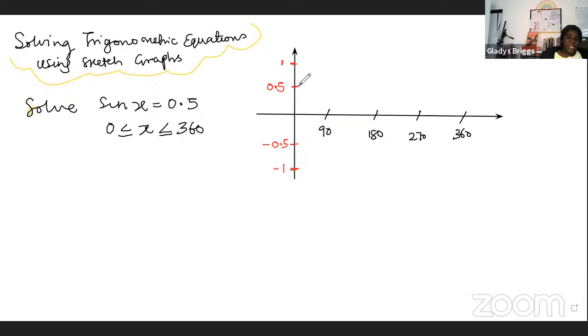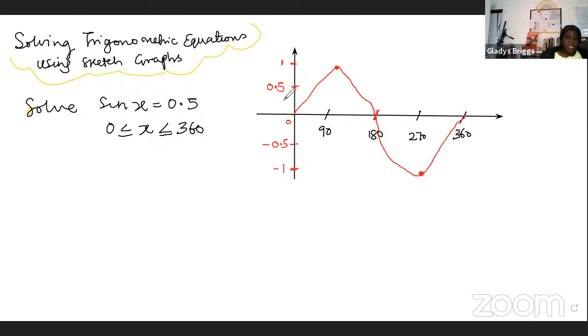Okay, so your sine graph starts from 0. There's a turning point at 90, and 270, and it cuts at 180. So you'll have a turning point here, it's going to turn back, cut at 180, have a turning point there, and finish at 360.